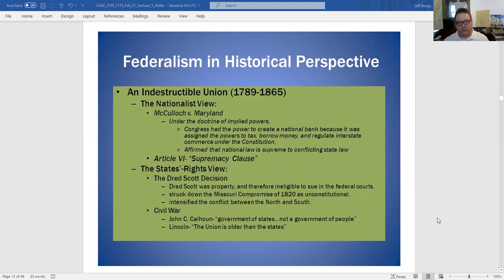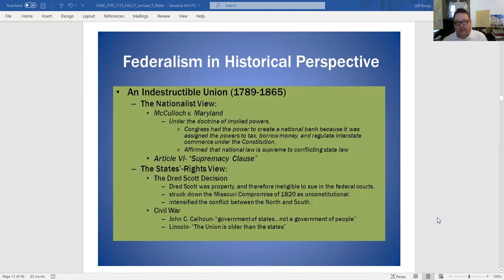Now, if you're a Star Wars fan, you know that after the first movie, A New Hope, or Star Wars, was The Empire Strikes Back. So let's think of these national cases. Well, let me back up. Let's think of these Supreme Court cases that favored national law as like Star Wars.